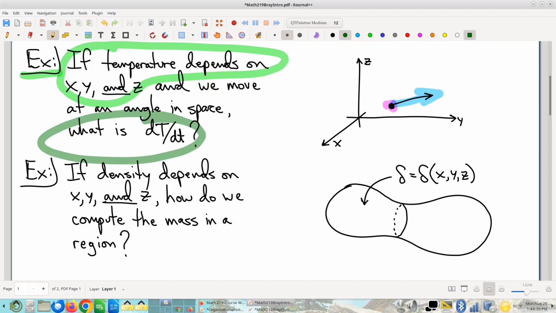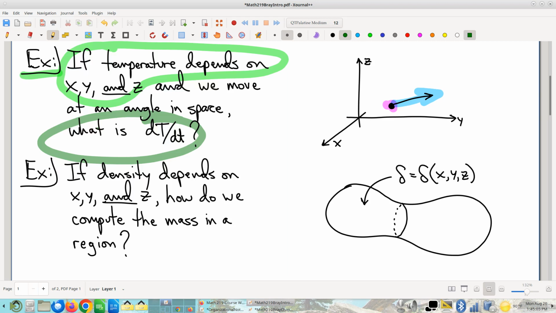Well, I can't just view temperature as a function of just x, the x coordinate of position, because it's not just a function of x. And I'm also not just moving in the x direction. I might be moving somewhat in the x direction, but I'm moving in the y direction too, and the z direction too, and it's at some sort of a weird angle.